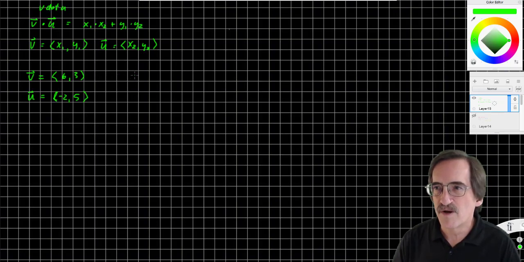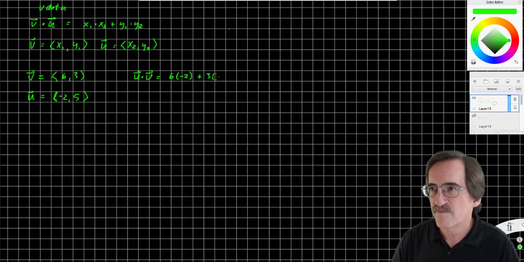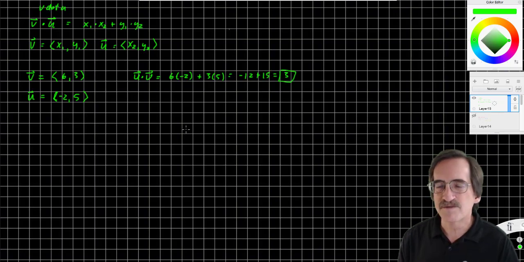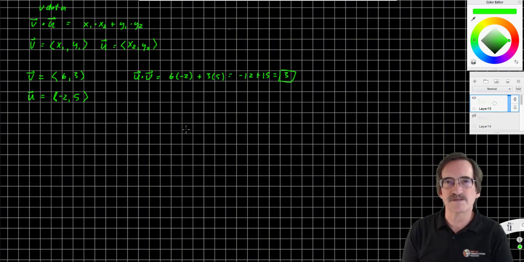Then the dot product, U dot V or V dot U, because it is commutative, is 6 times -2 plus 3 times 5, which is -12 plus 15, which is 3. Okay, so the dot product of the two is a scalar.